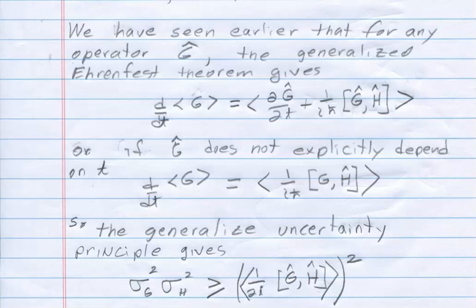And in the usual case, if the operator G that represents some physical observable doesn't explicitly depend on time, then the partial of G with respect to t vanishes and it just reduces to this.